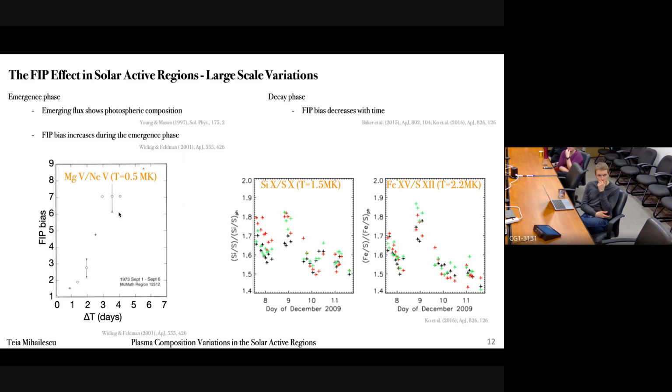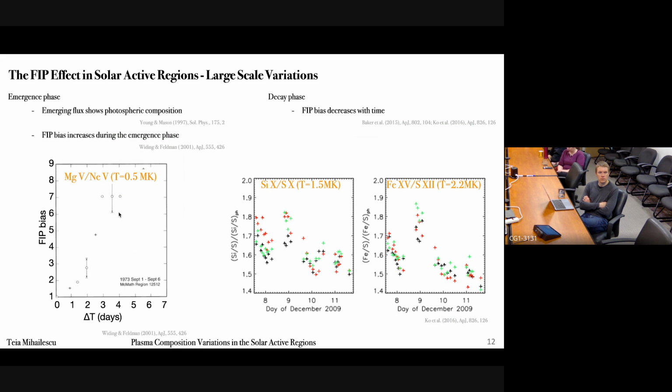If we look at larger scales and take the active region as a whole and track it over time, we see that the FIP bias of the active region as a whole changes with its evolutionary stage. So in the emergence phase, when the magnetic flux first emerges in the corona, it shows signs of photospheric composition, which makes sense because this plasma is emerging from below the photosphere, so it will not have time for the fractionation process to happen.